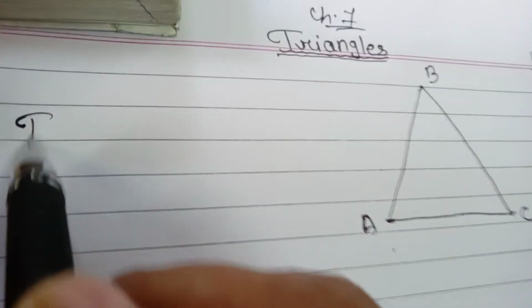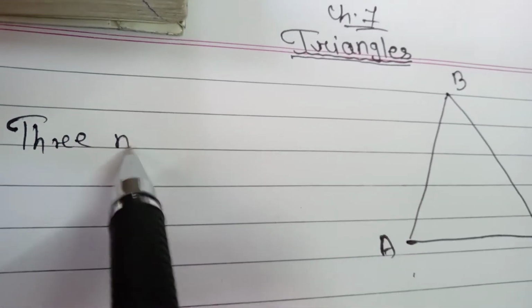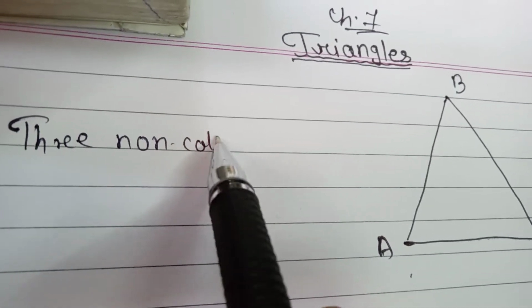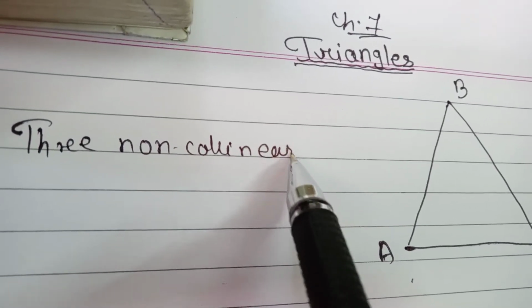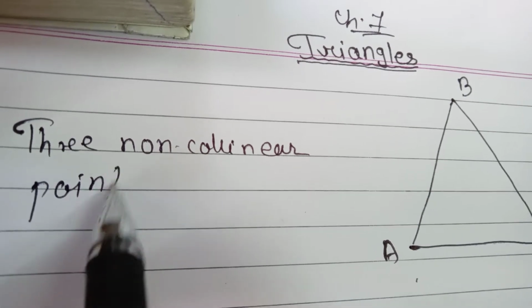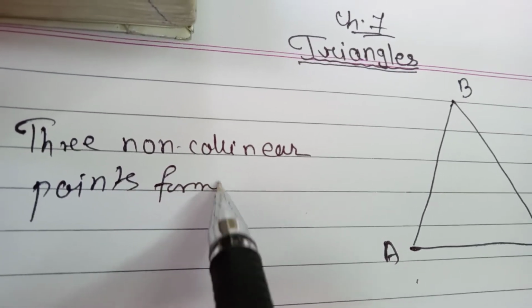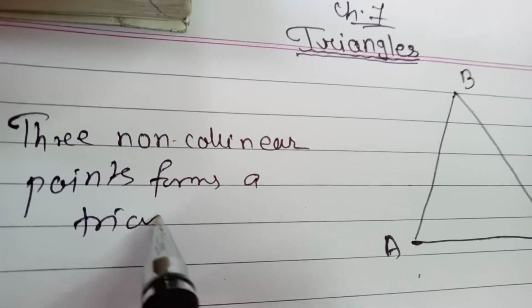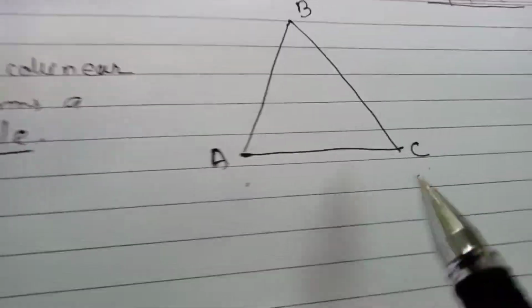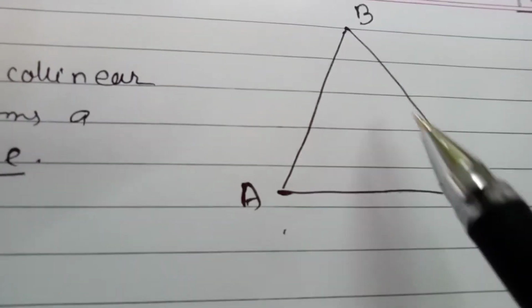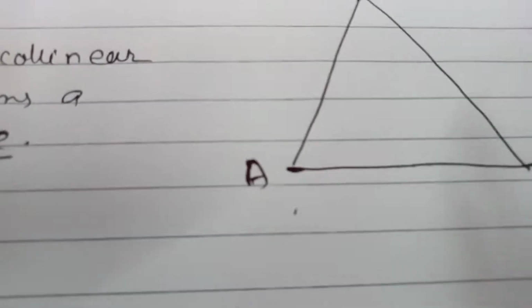The definition of a triangle: three non-collinear points form a triangle. So one of the necessary conditions for forming a triangle is that the three points should be non-collinear.